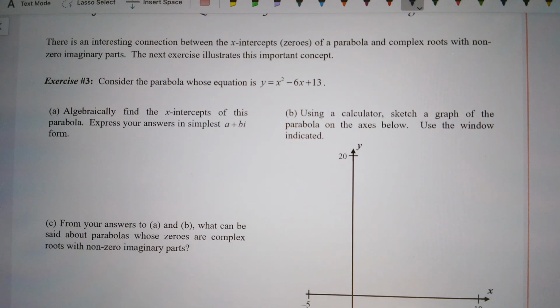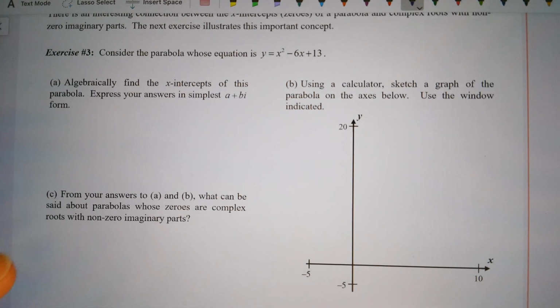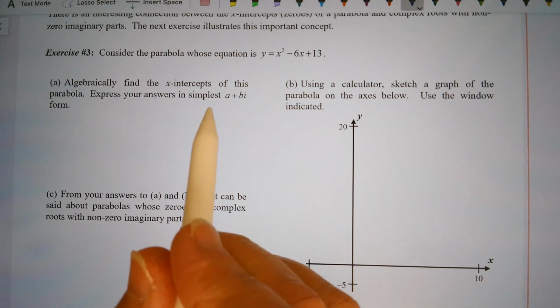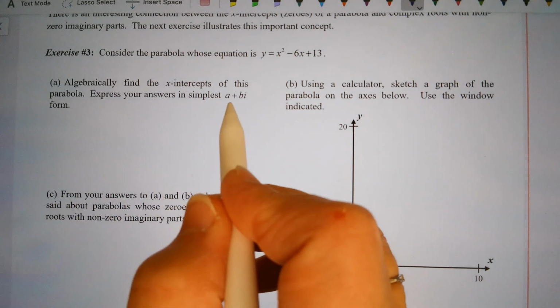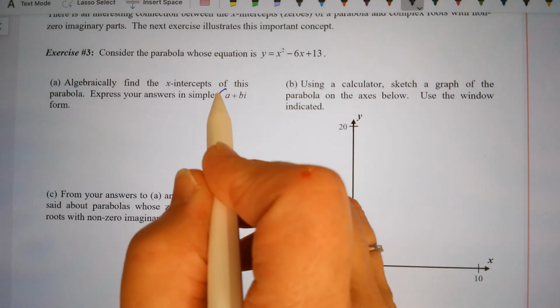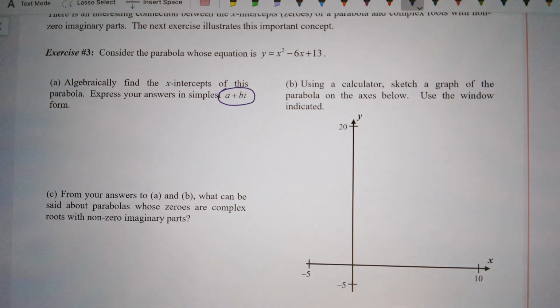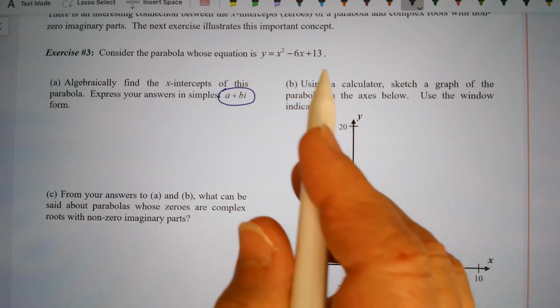Okay, now the connection between x-intercepts, zeros of a parabola, and complex roots with non-zero imaginary parts. Consider the parabola whose equation is y equals x squared minus 6x plus 13. Algebraically find the x-intercepts. Express your answers in simplest a plus bi form. Okay, that's telling us right there we're going to end up with a negative underneath our square root symbol.